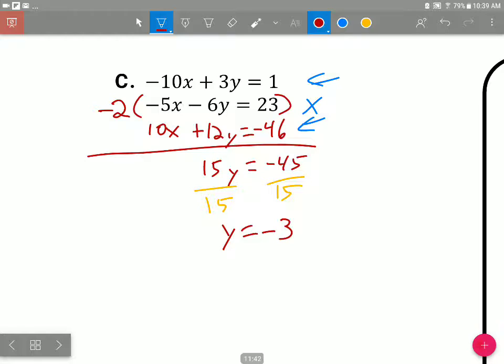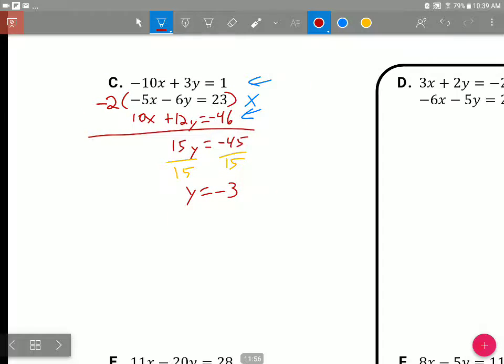All right, let's take that line. Which one do you want to plug it into? You want to plug it into the first one, the second one, or the third one? First one. Doesn't matter. It really doesn't. I mean, whatever seems easier. So the first one you said, we'll use that one. So that's negative 10x plus 3 times negative 3 equals 1. All right, walk me through it.